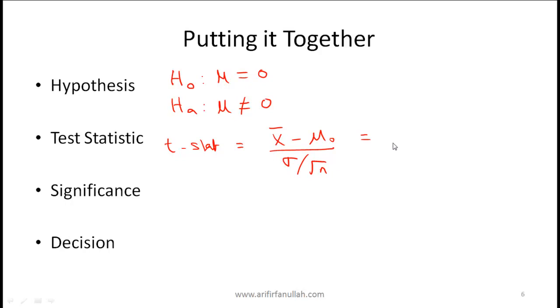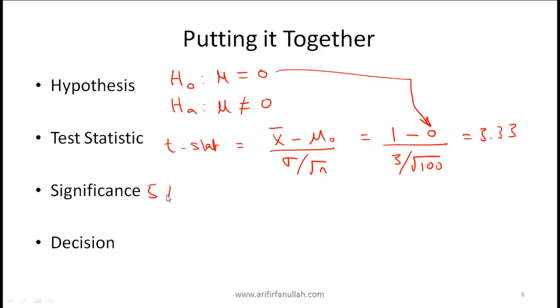In our case, this was equal to 1 minus 0, this 0 coming from here, divided by sigma, which was 3 over root of n, which was the sample size. So this gave us 3.33.